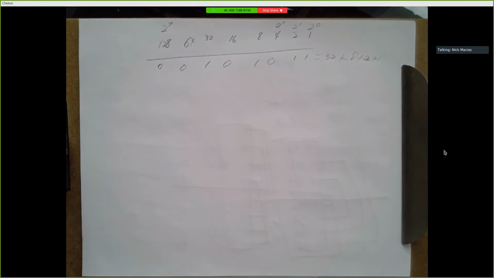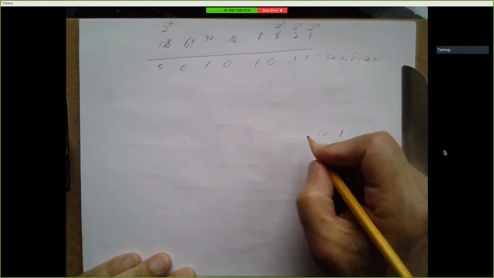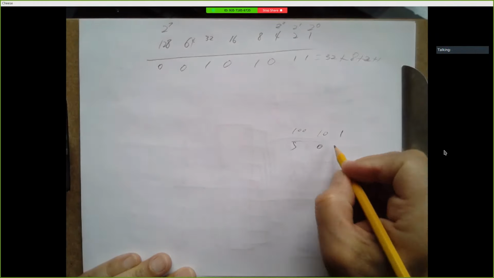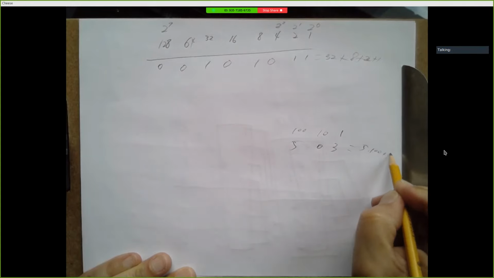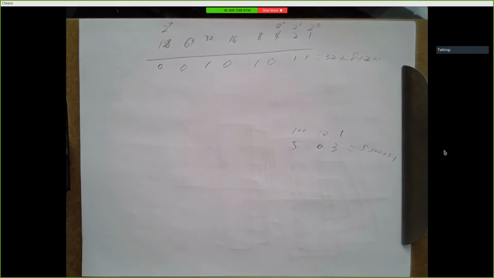And it's important to remember this is exactly what we do with decimal numbers, except we're using powers of 10 instead of powers of 2. When we write down a number like 503, we're thinking of 1, 10, 100, and 503 is 5 times 100 plus 3 times 1.